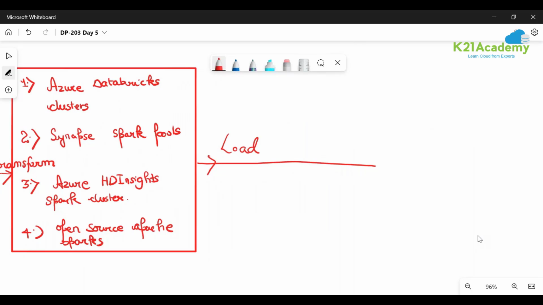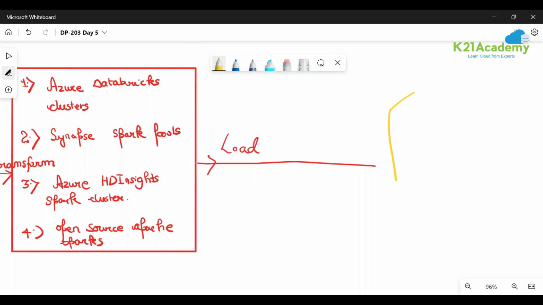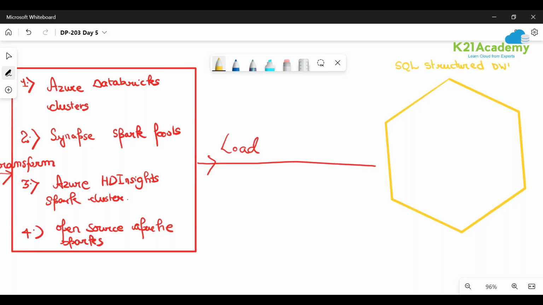We load it in the SQL structured data warehouse, which is what? Synapse Analytics dedicated SQL pool. So you load it in a SQL structured DWH. Indeed, yes.